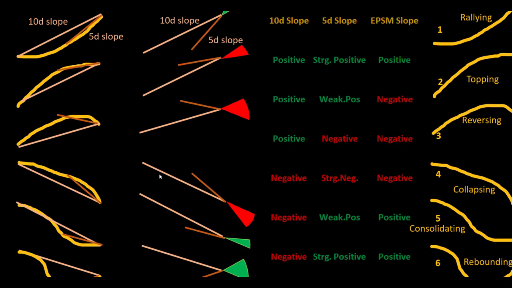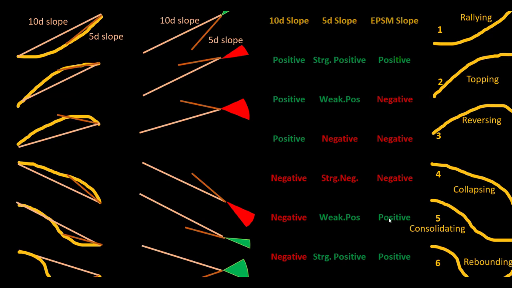So collapsing will be a negative 10-day and an even more negative 5-day, so strong negative, which gives me a negative EPSM slope. Or I want negative, but a slightly positive 5-day slope. So it's kind of consolidating and turning back to a flat curve.